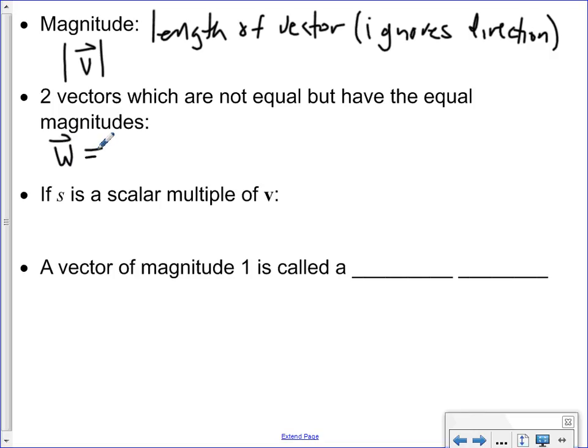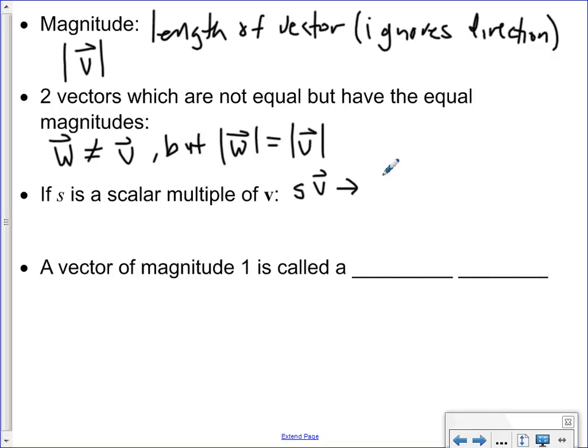Vector W can not be the same as vector V, but the magnitude of W can equal the magnitude of V. And if s is a scalar multiple, like for example, some scalar times the vector V, then the magnitude of that is equal to the magnitude of the scalar, which is just a number, times, and I'm going to use x for times so I don't confuse that with dot products, the magnitude of V.